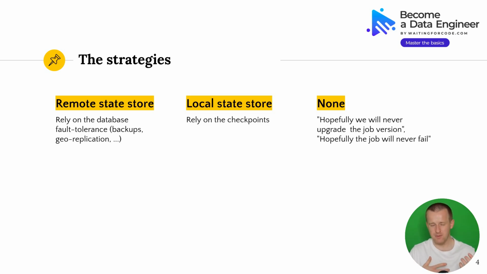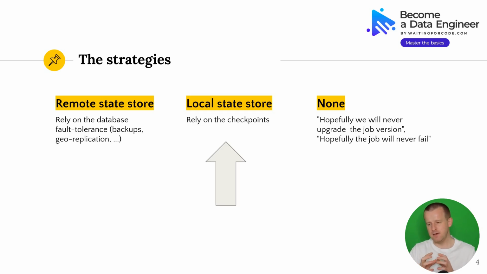As you remember from the previous lessons, I said that this is the most common solution implemented in modern data processing frameworks. Here you need to rely on some checkpointing mechanism. And finally, you can also bet on your luck and say that you don't need the checkpoint because your pipeline will never fail, or will never be restarted due to some application updates.